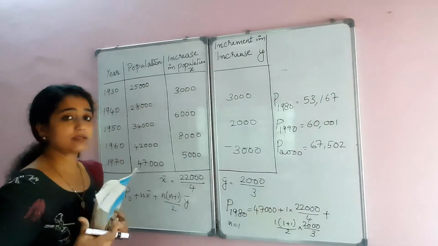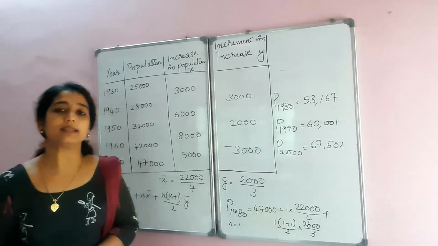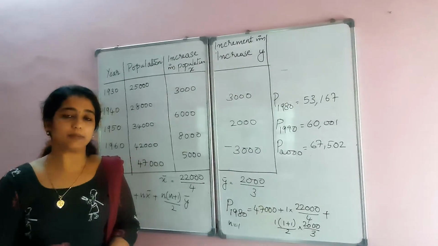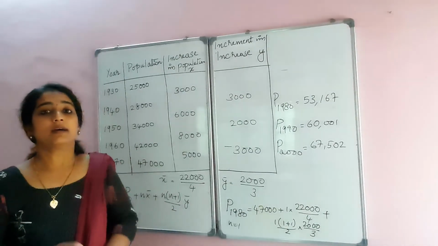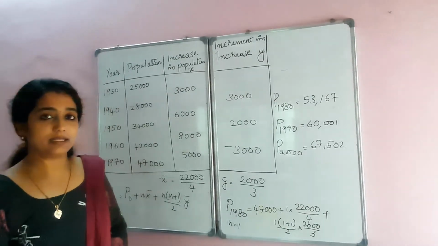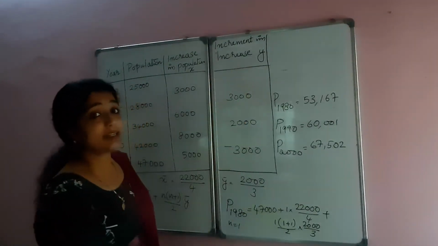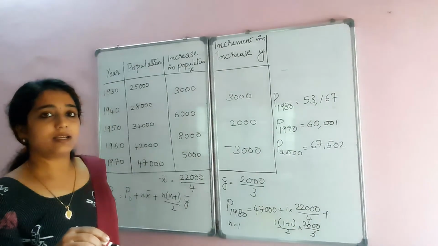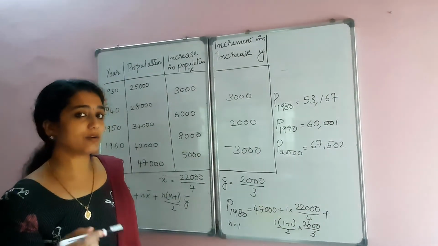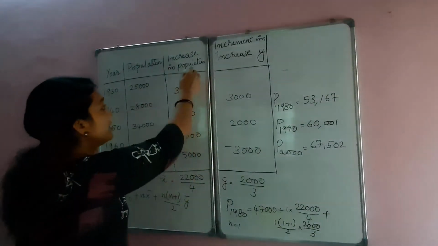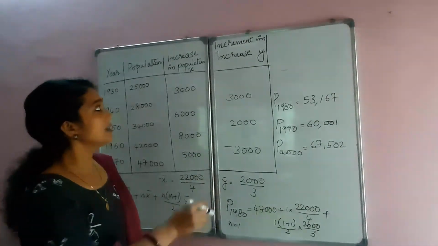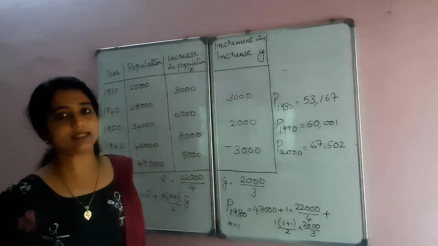The only difference between the incremental increase method compared to the geometrical increase method and arithmetical increase method is that we are calculating the increment in increase. In the geometrical increase method, we calculate the percentage of increase in population. Here it is the increment in increase.